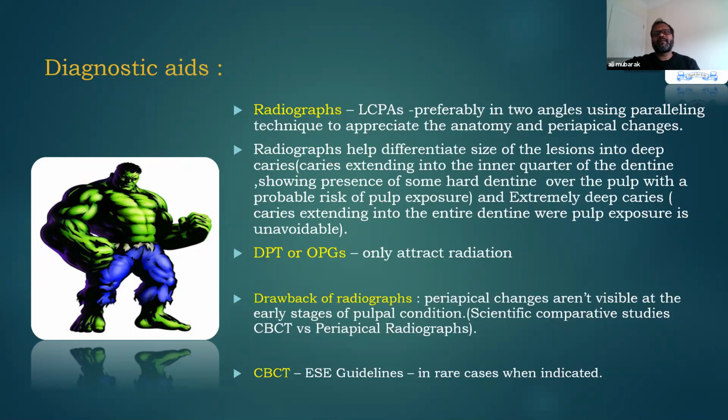They said over 80% of the time you're able to see it, but with periapical radiographs, it's about 60 to 67% of the time. Again, you have to be very careful because CBCT you have to use as per the guidelines, and it's very rarely indicated due to the exposure parameters and other things.